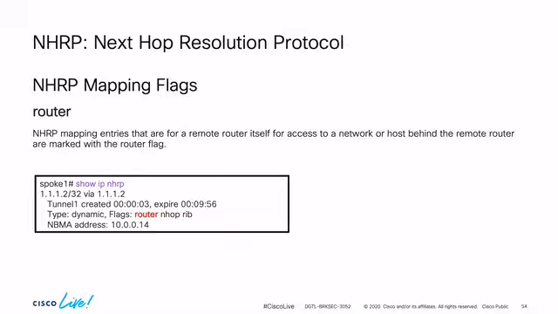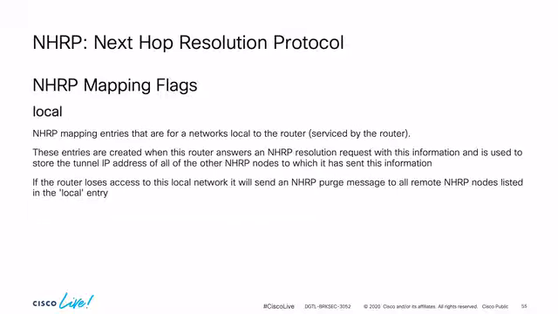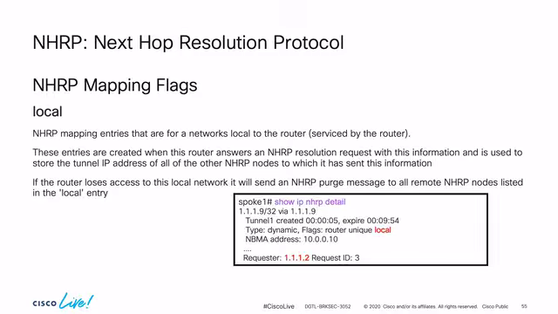Local is a mapping flag which is used to indicate which remote NHRP nodes or remote spokes this specific spoke has sent information about its local networks to.